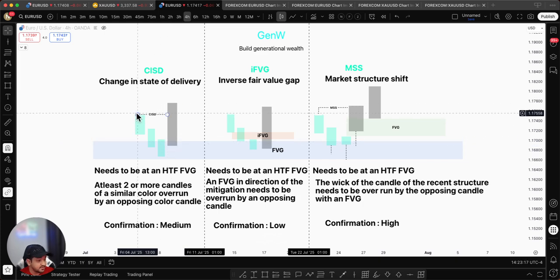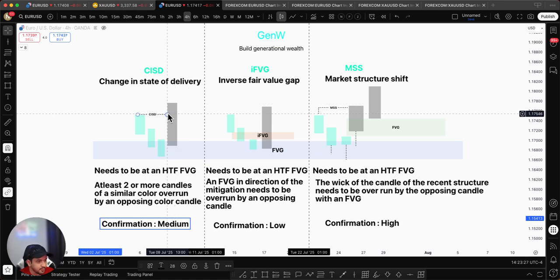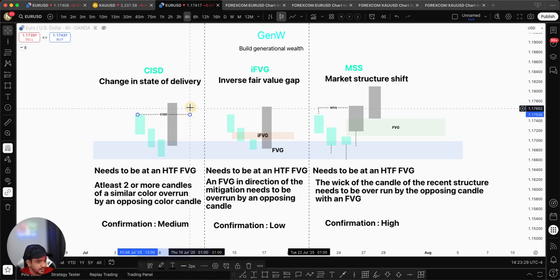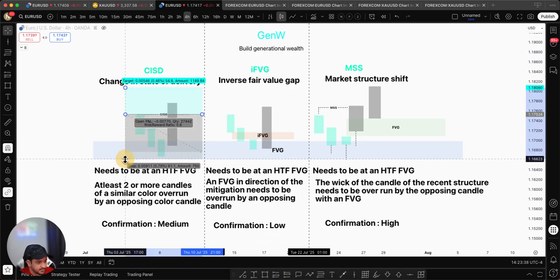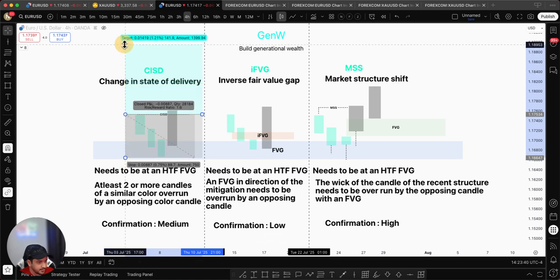This is just a change in state of delivery, and then you are predicting that now price would continue to go higher, and that's why the confirmation is medium here. The way to enter is you need to place your long order in this scenario at the CISD level, protect the low and target a 2 hour.